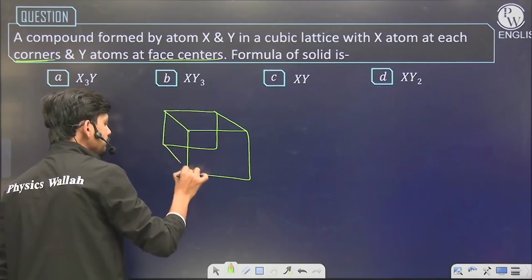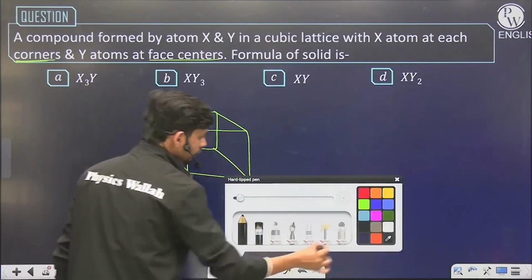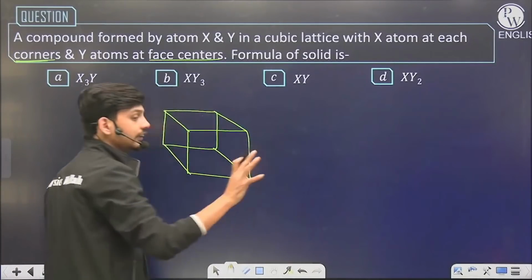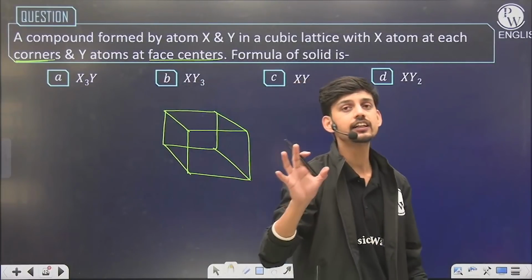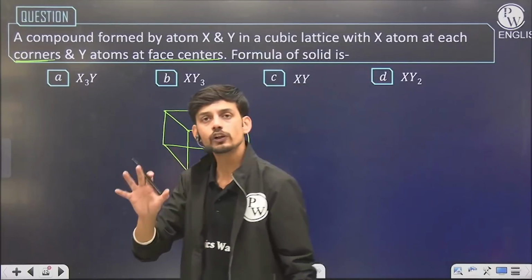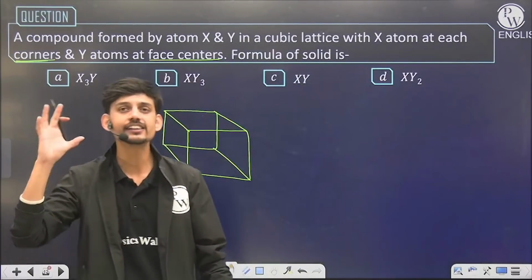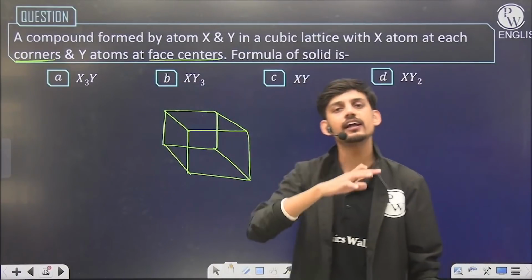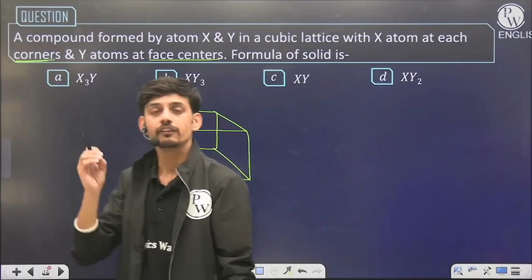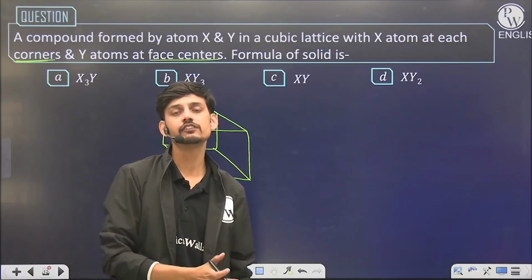It will always help in better understanding. Always remember, for the solid state chapter, imagination and visualization is very, very crucial. The more you visualize the solid around you, the more you feel you are sitting inside a unit cell, the easier the chapter will get.